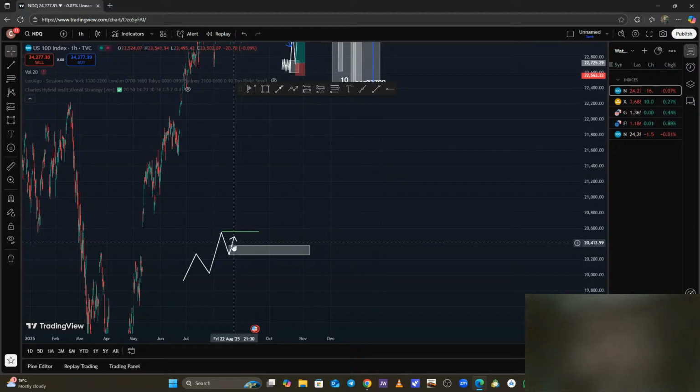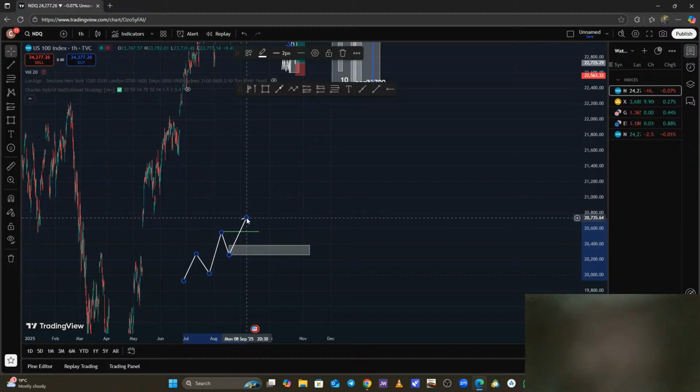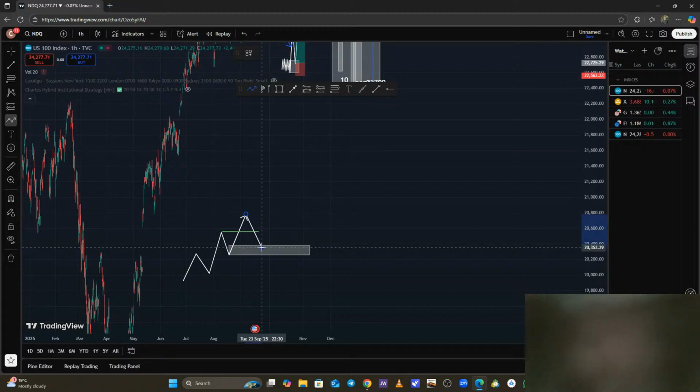Why? Because we need to see strong momentum that breaks the previous market high. So once you see such a move, just know this here is a strong zone and price is more likely to tap back into this zone and head up like that.